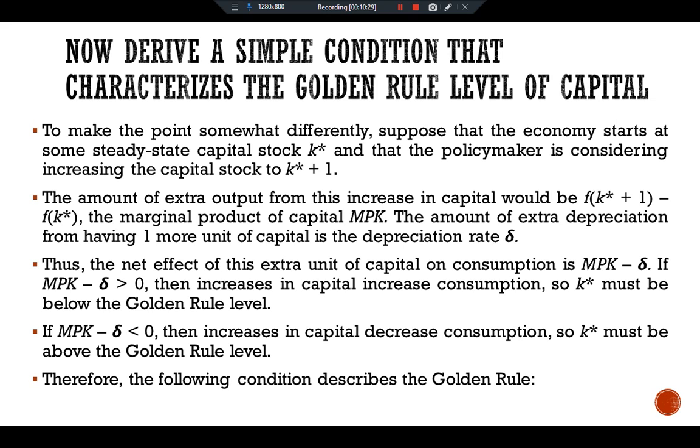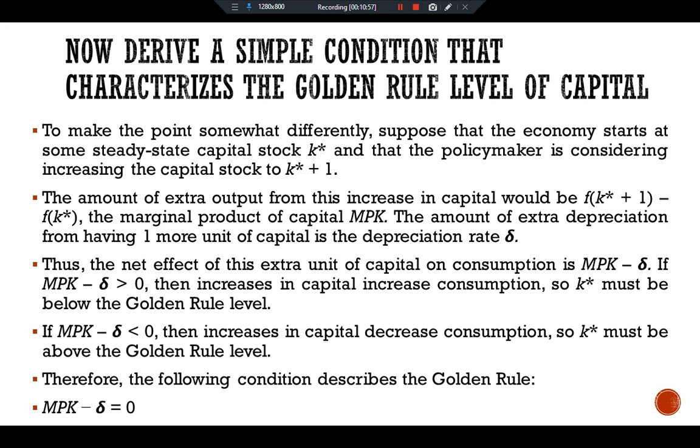Therefore the following condition describes the golden rule: MPK minus delta is equal to 0. So at the golden rule level of capital, the marginal product of capital net of depreciation, MPK minus delta, is equal to 0.